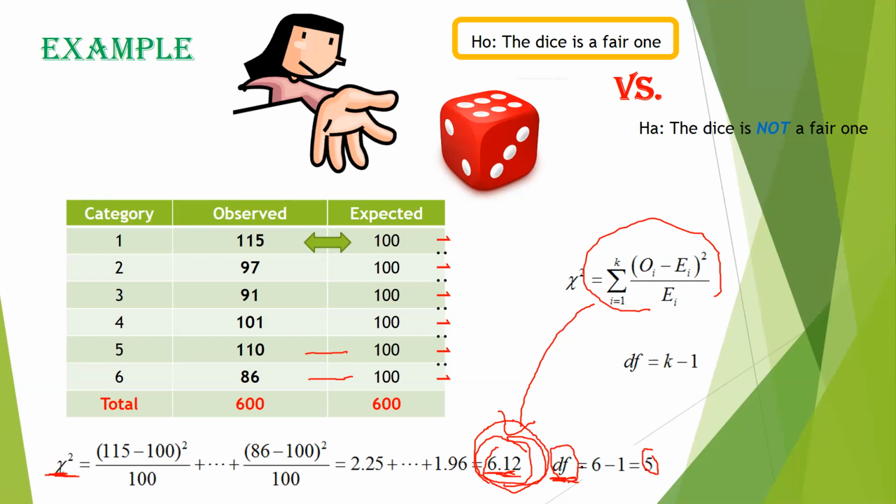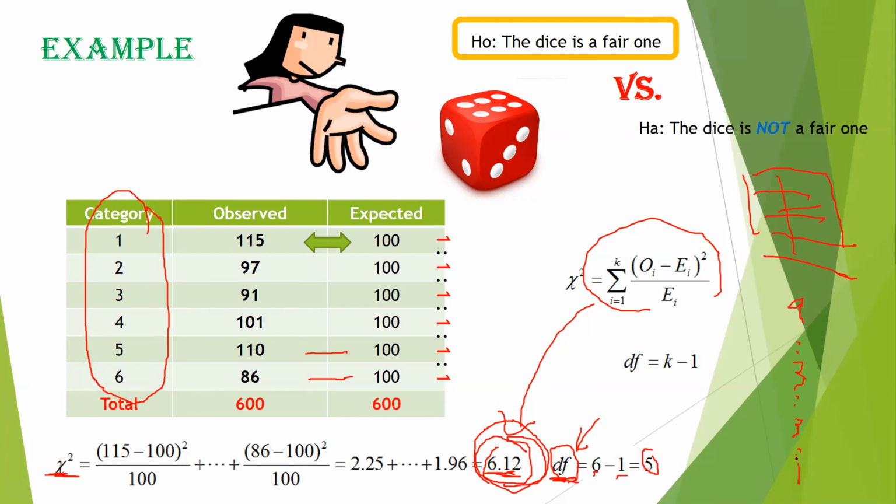So simply, in each case, how do we figure out the value of the degree of freedom? For example, here, if this experiment generates 6 possible outcomes, then your degree of freedom will be equal to 6 minus 1 equals 5. In Mendel's experiment, you have 4 outcomes, right? 9 to 3 to 3 to 1.